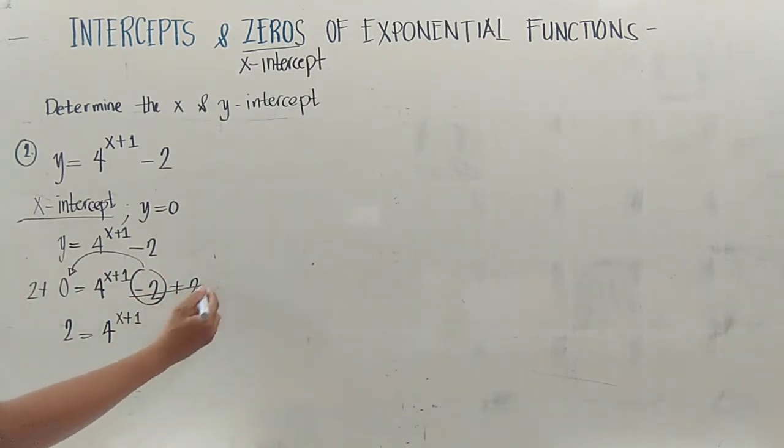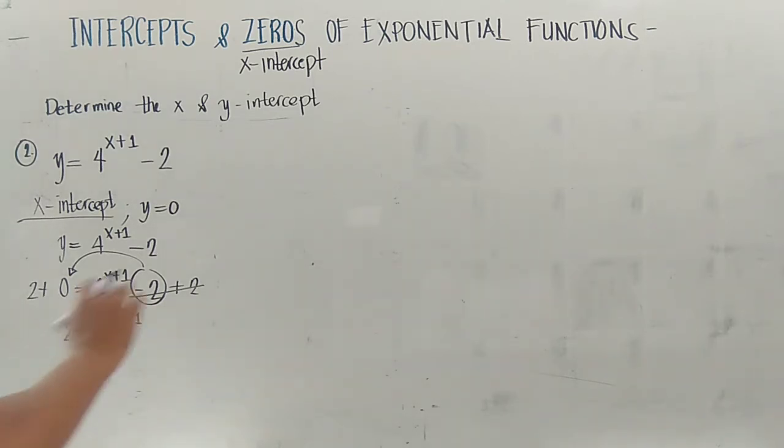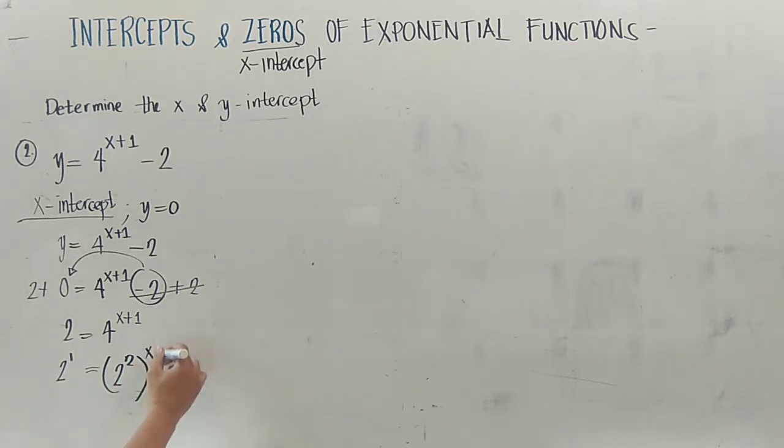So negative 2 will be eliminated, and we have plus 2. 0 plus 2 is 2. Then we have 2 is equal to 4 raised to x plus 1 over 2. Using the property of exponential equality, we have to make the bases equal. So 2 raised to 1 is 2 and 2 raised to 2 is 4. Okay, are we clear on this? Then copy x plus 1 over 2.